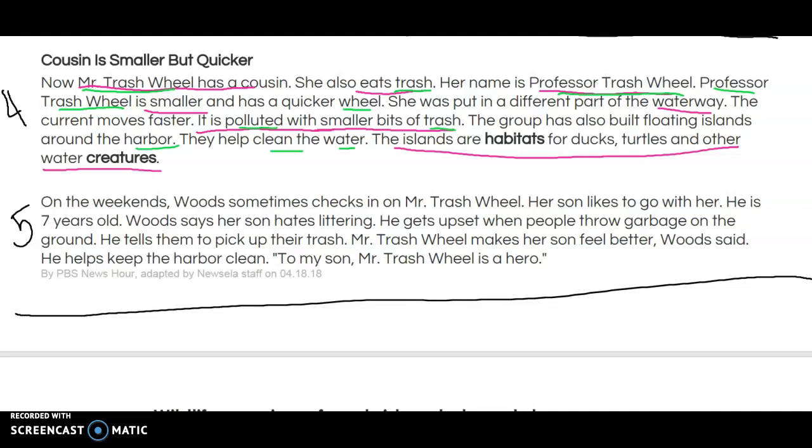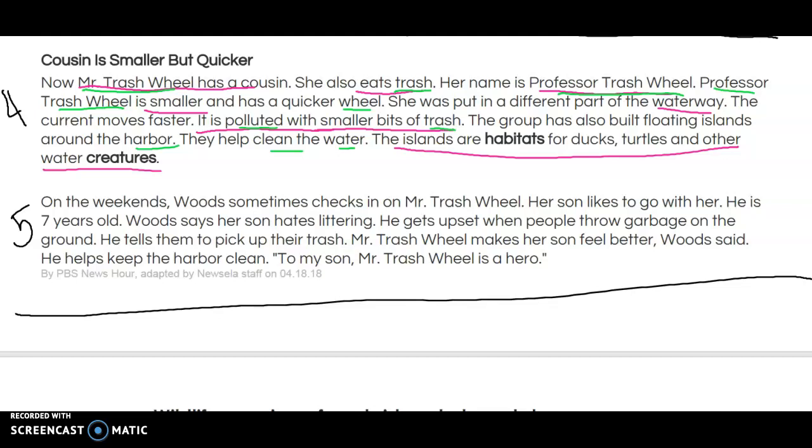So in this paragraph, there are facts. However, the facts are not relevant or do not go along with who Mr. Trash Wheel is. This is about the city councilwoman, Mrs. Woods, and really there are lots of opinions in here, like to my son, Mr. Trash Wheel is a hero. That's an opinion. That's not a fact.